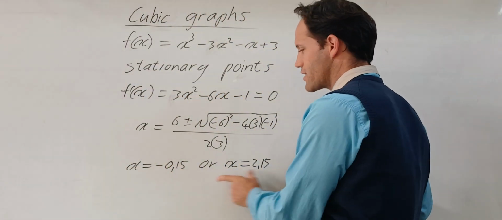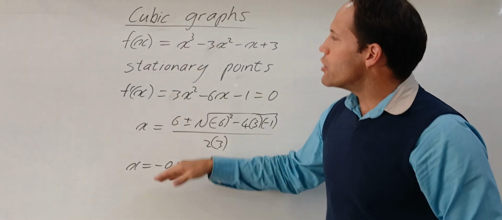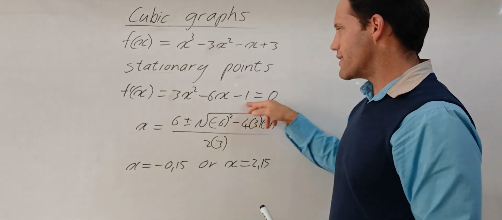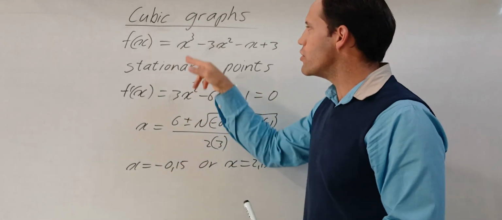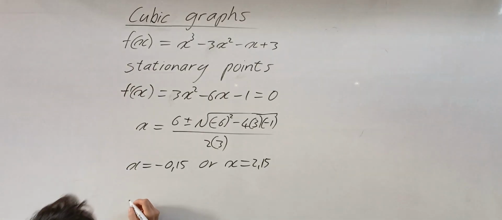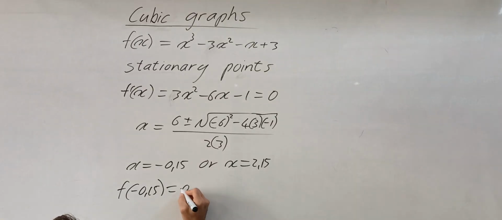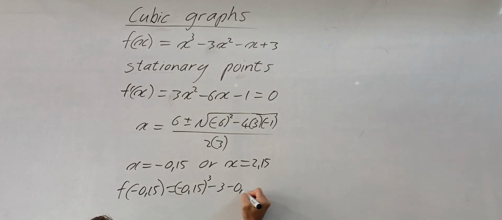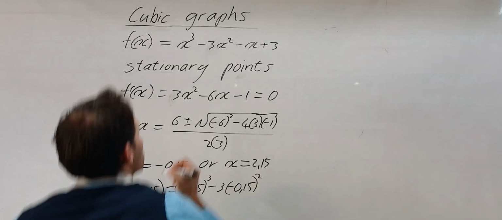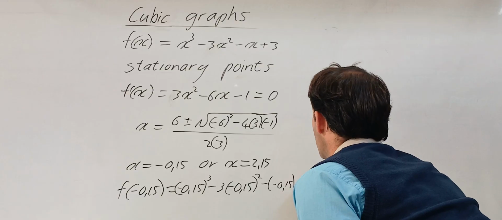So if you use the calculator and you check, you're going to get these two x values. They are the x values for the turning points. Okay? We have to put them into the original equation, not into this one. Some learners put it in here. You have to put it into the original to find the y values for the turning points. So when you substitute f of negative 0,15: negative 0,15 to the power 3 minus 3 times negative 0,15 squared, minus negative 0,15, plus 3.